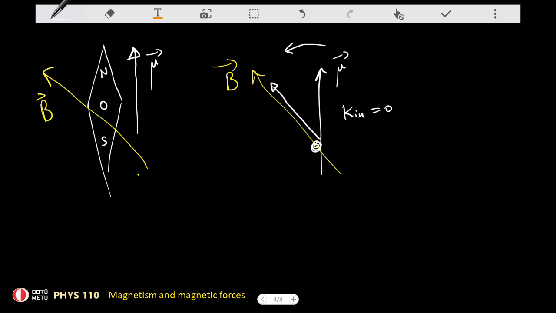But in that case, it will have a non-zero kinetic energy. So at that orientation, the kinetic energy will be non-zero, which means it is still moving, it has an angular velocity. So therefore, it will pass that orientation. So as a result, it will swing like that. So you can kind of see what can happen in here. This is going to basically swing back and forth like that.